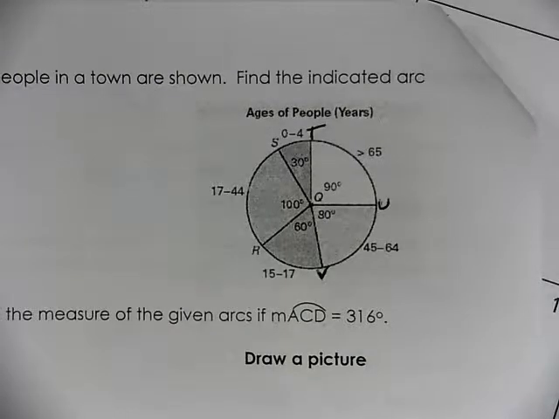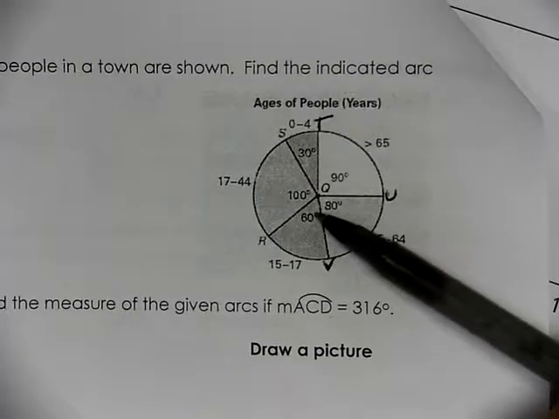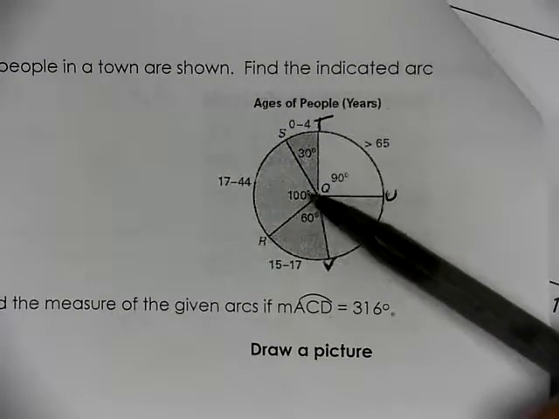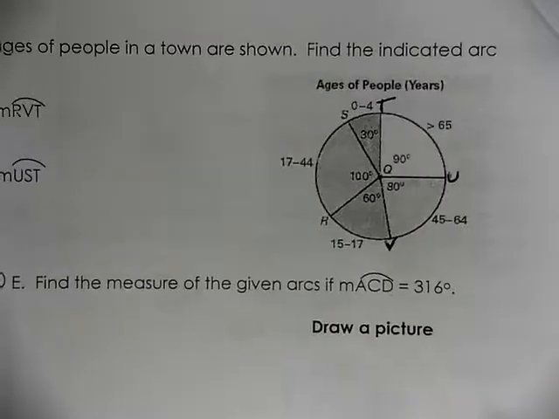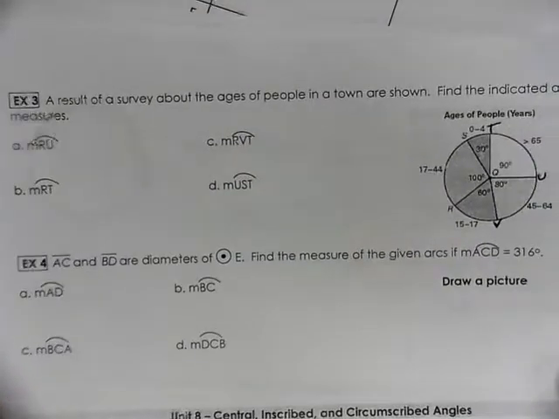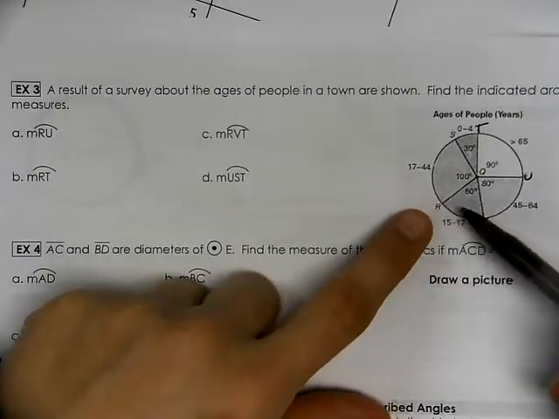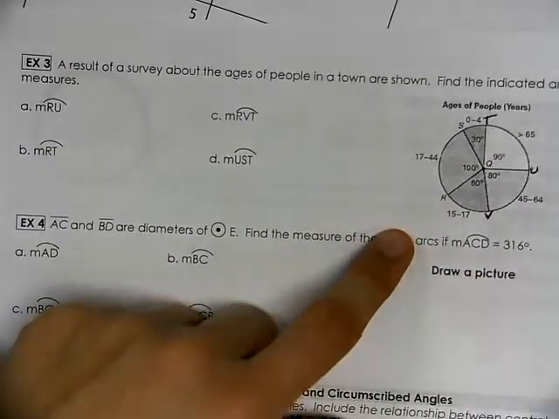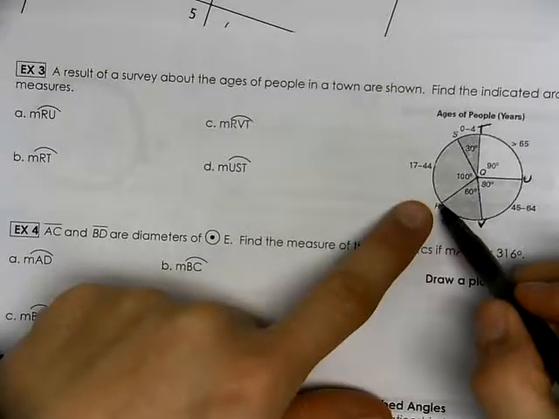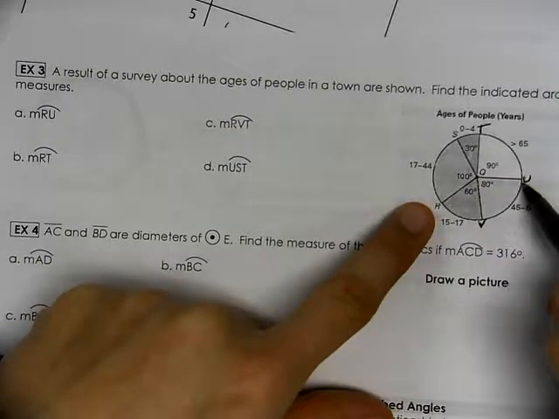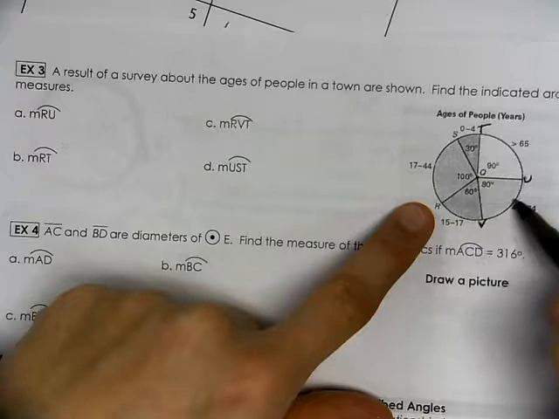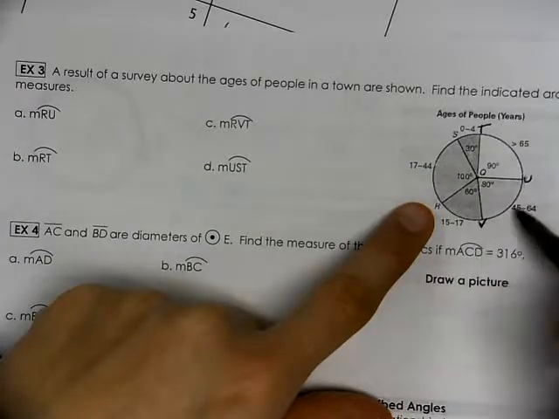So we need to find all the different arc measures. Again, it's just whatever piece of the pie it has. So for A, if you want to find RU, because it's only two letters, it is a minor arc. So it starts here and goes to here. How big do you think RU is?